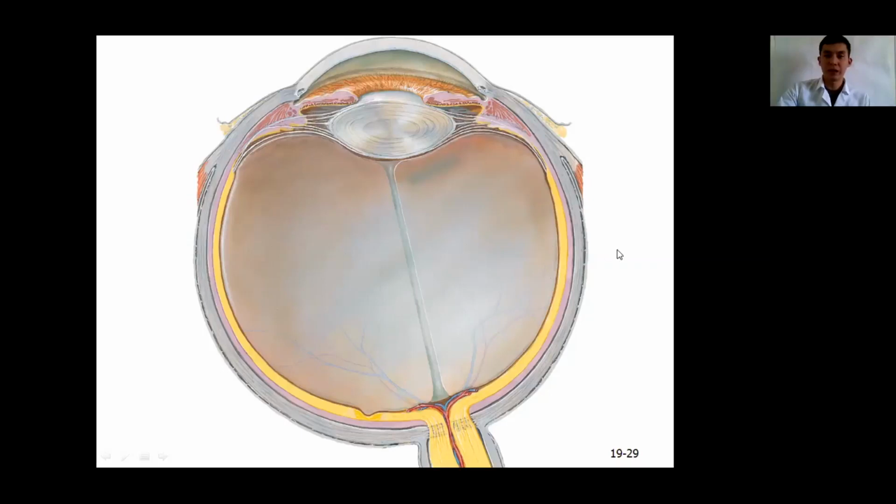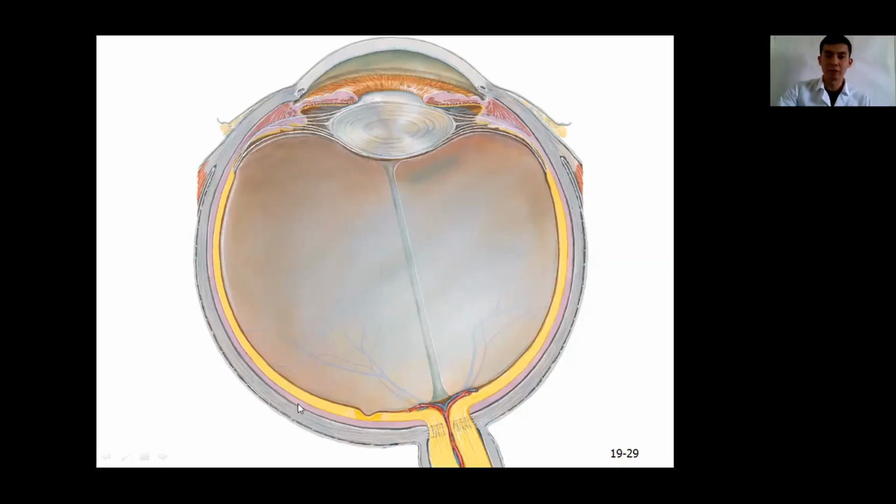In this presented diagram, we can see all three layers of the eyeball. The most outer layer is the sclera, and anteriorly is the cornea, so five-sixths is sclera and the anterior one-sixth is cornea.